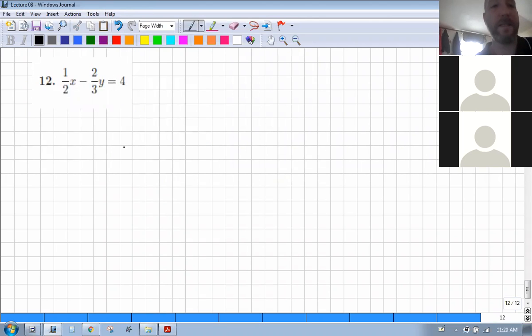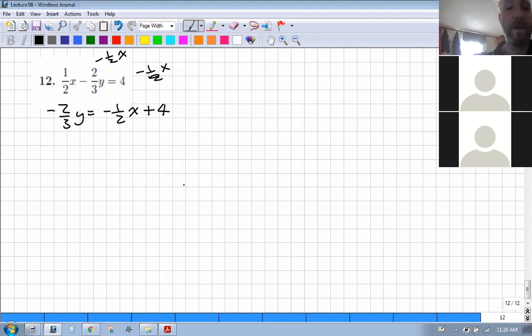To get our y by itself, let's subtract 1/2 x from both sides. That gives us negative 2/3 y equals negative 1/2 x plus 4. So now to get the y by itself, let's multiply both sides by negative 3/2. So the 3's go away, the 2's go away, and the minuses go away.